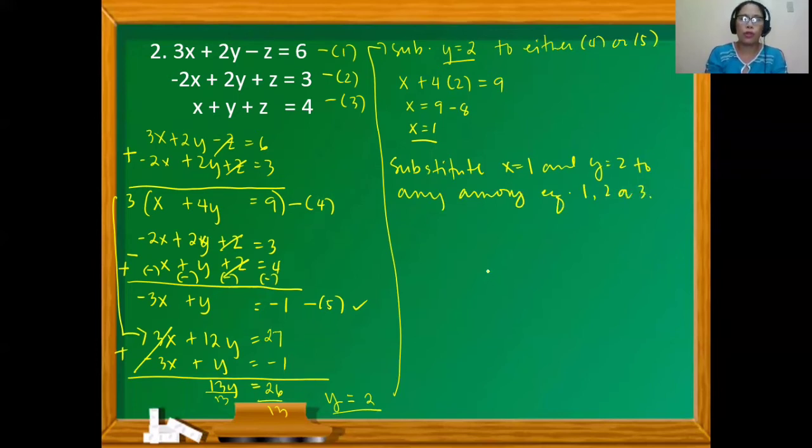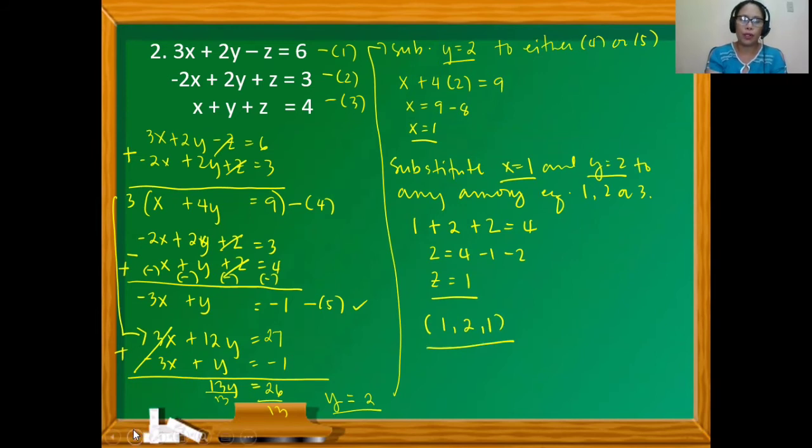So if we're going to consider, for example, equation 3 and substitute the two known variables here, we have 1 plus 2 plus z equals 4. Now transposing 1 and 2 to the other side of the equation, we have z equals 4 minus 1 minus 2. So z here equals 1. So the solution for this system is the ordered triple 1, 2, 1.